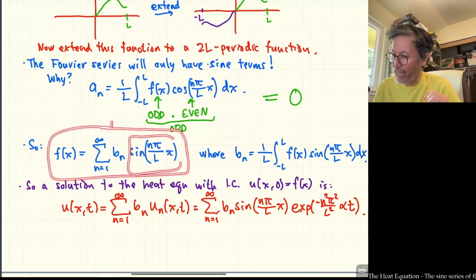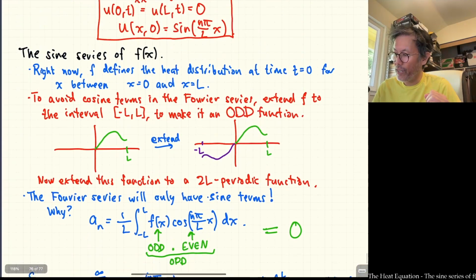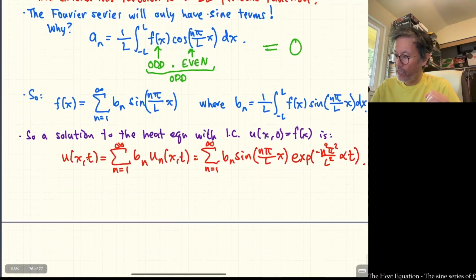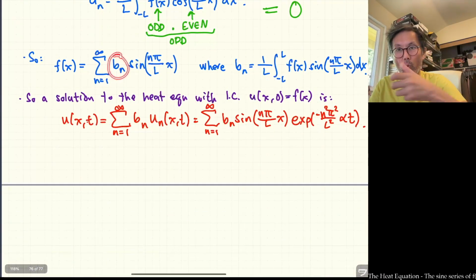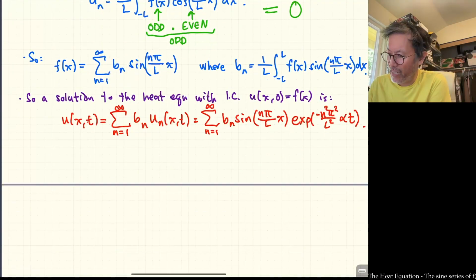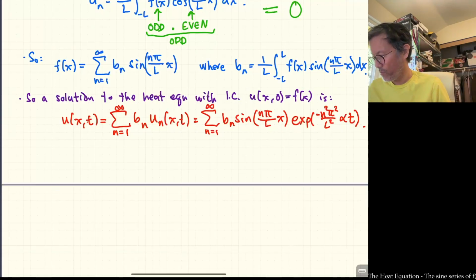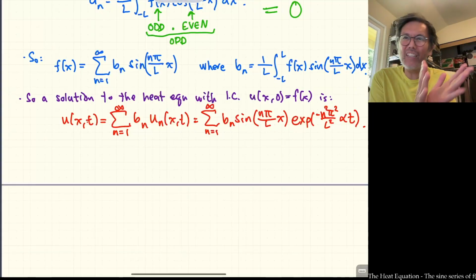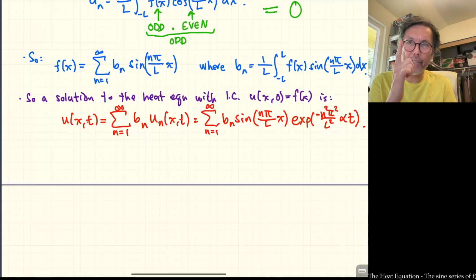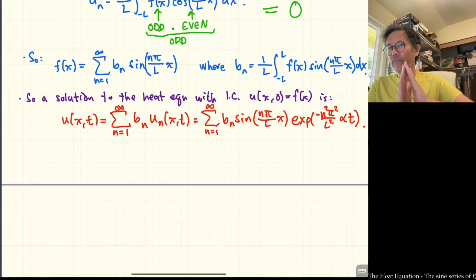These are exactly the building blocks that we have here. And it's going to be a grand superposition where the weights of that superposition are the b sub n's. These weights exactly appear in the solution to the heat equation. Okay, cool. All of this is taking hardcore advantage of the linearity of the heat equation. Okay, that's enough. So long.